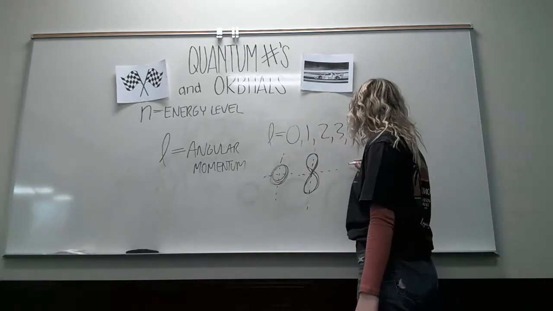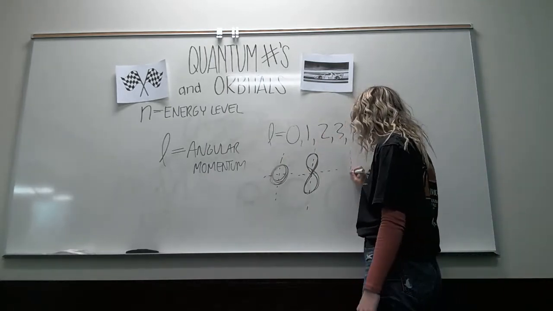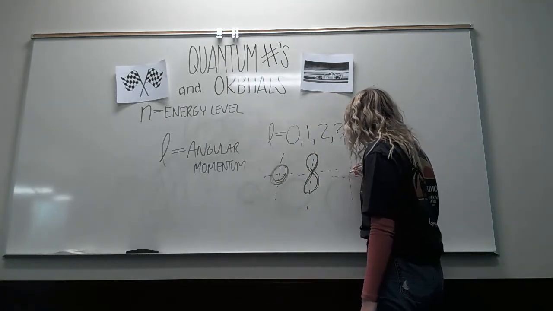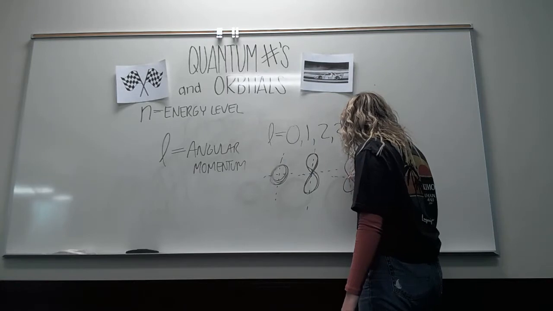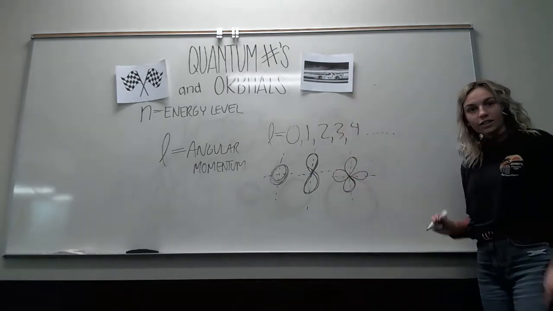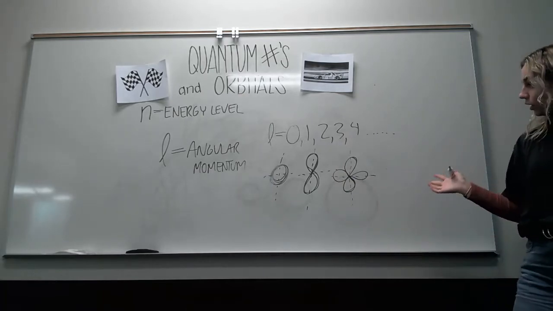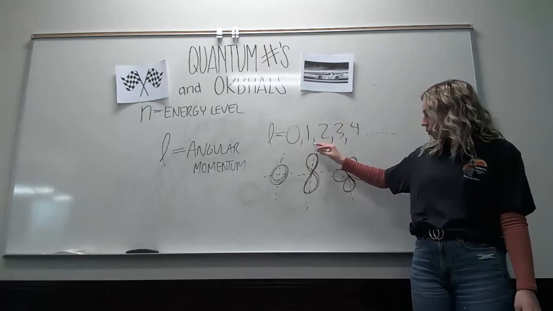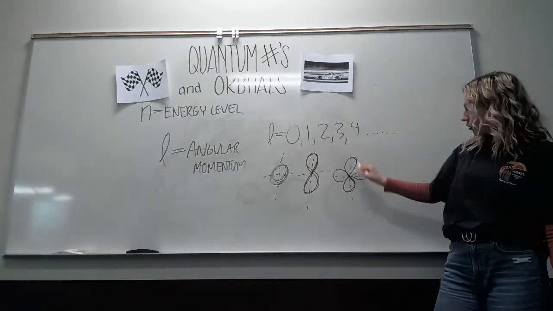The next one we've got is getting a little bit more complex, like I was saying. They're always so hard to draw. It almost looks like 2 little figure 8s, but it's more like a 4-leaf clover. So we've got L equals 0 right here, L equals 1 right here, and then L equals 2 right here.